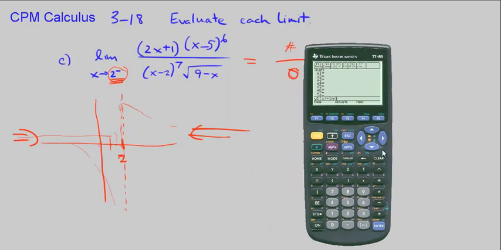So let's use our calculators. Okay, so I'm graphing, and in the numerator I have 2x plus 1 times x minus 5 to the 6th power, and the denominator, so divided by, I have x minus 2 to the 7th power, times square root of 9 minus x.